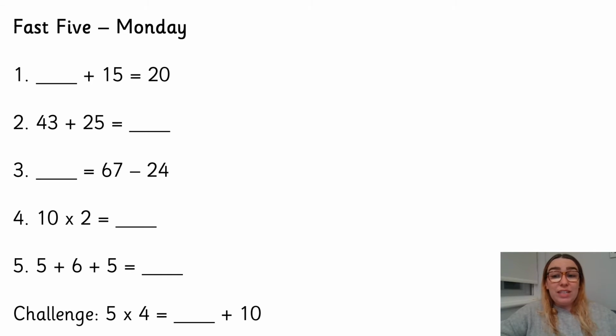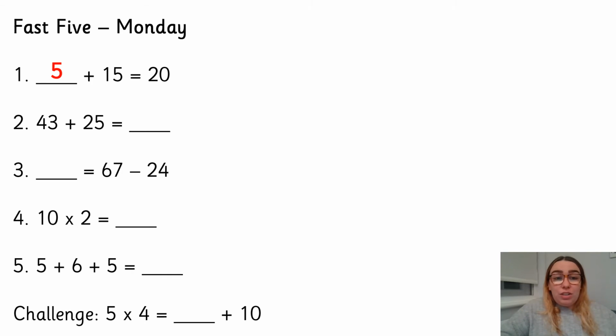We know 15 is made up of 10 and 5. And we know that 5 add 5 is 10. So we can also know that 5 add 15 is 20 because it's 5 add 5 and then add the 10.